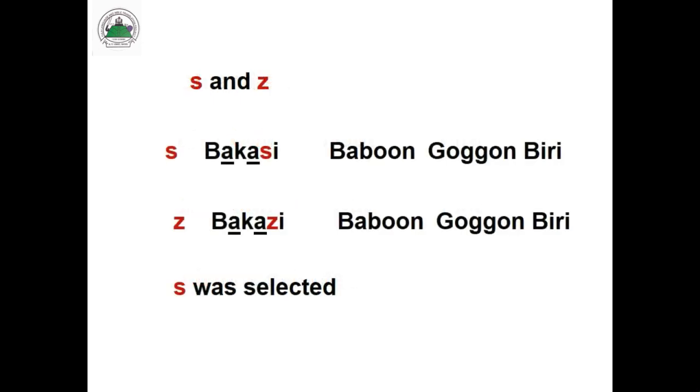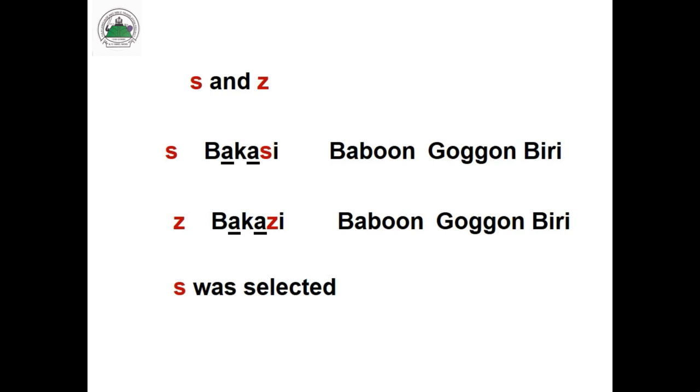Another pair that sounds similar is this consonant s and the other consonant z. We have an example, bakasi, which is the same baboon or gogombri in Hausa. And some people pronounce it as bakazi.